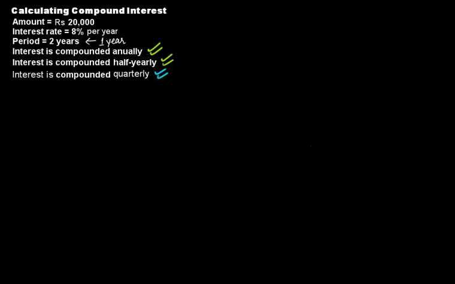So let's say that today you took this loan of rupees 20,000. In the case of quarterly, you'll calculate the interest for the first 3 months. For this period, you'll calculate interest. Then for another 3 months, you'll calculate another interest. For another 3 months, you'll calculate another interest.